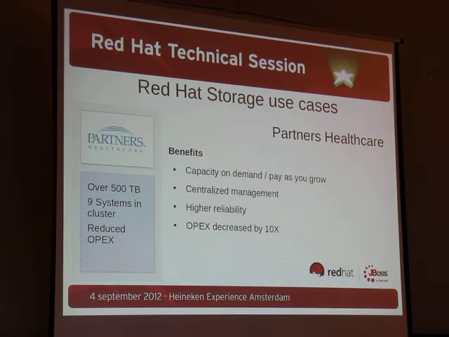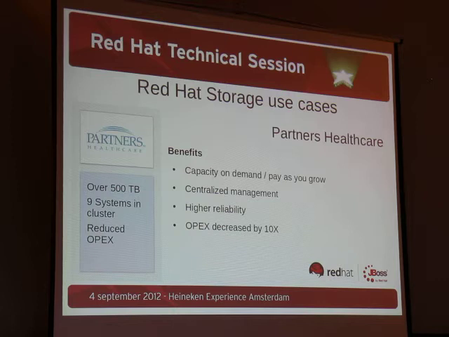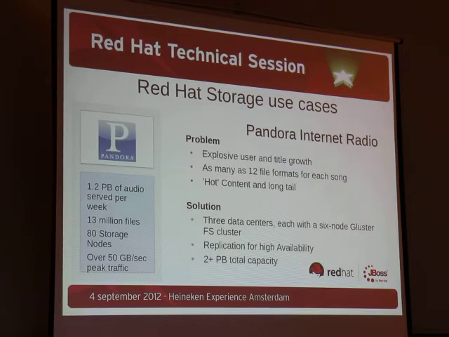The benefits for them were capacity on demand and just pay as you grow. So when you need to add storage, then you are expanding. You have centralized management. You can manage the whole cluster at one place, which gives you higher reliability and decreases the OPEX, which is the yearly cost.